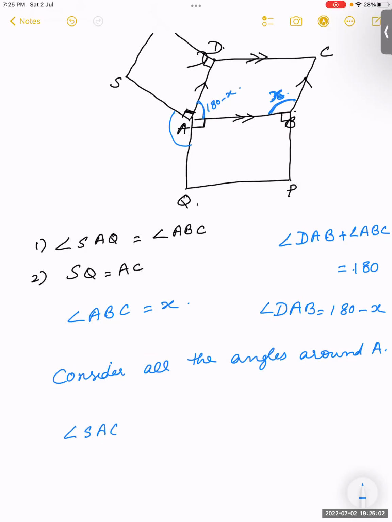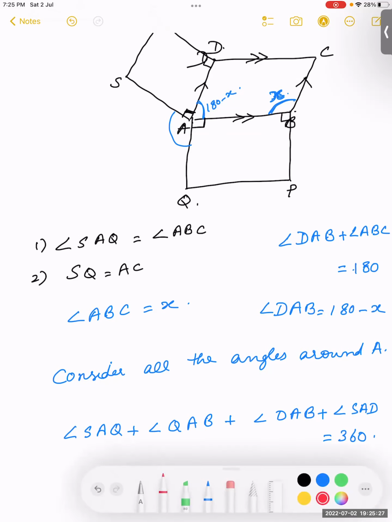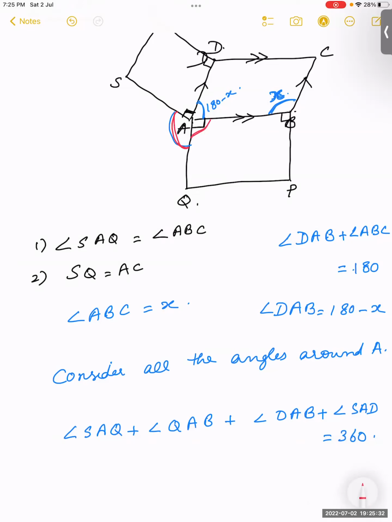Angle SAQ plus angle QAB plus angle DAB plus angle SAD is equal to 360 degrees. So I am adding up all the 4 angles around the vertex A, this one plus this plus this plus this. This gives me a complete angle, which is nothing but 360 degrees, right?